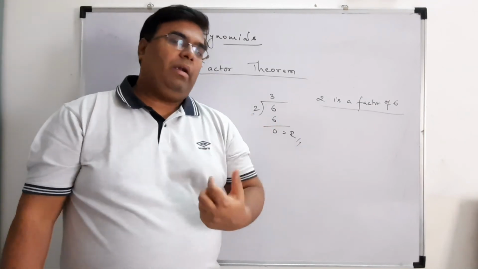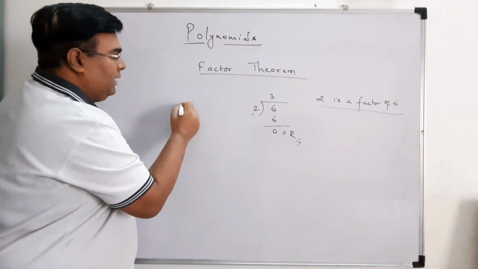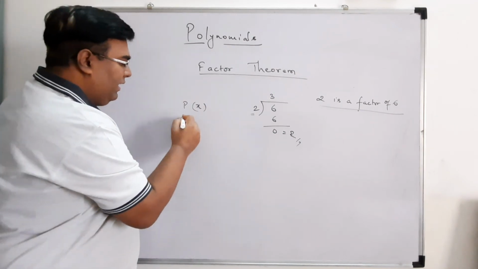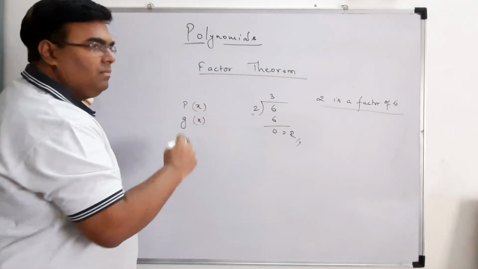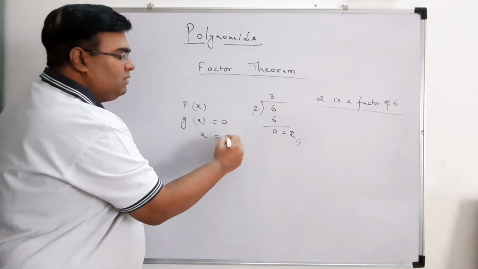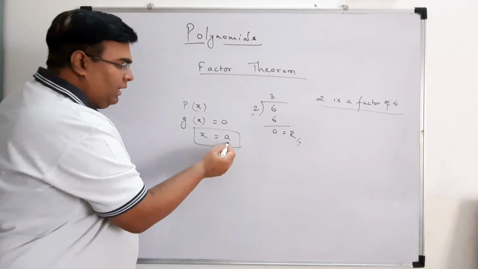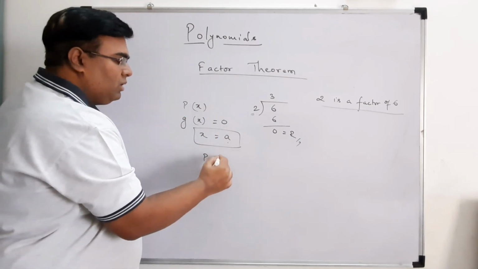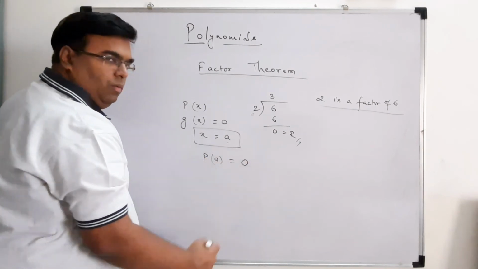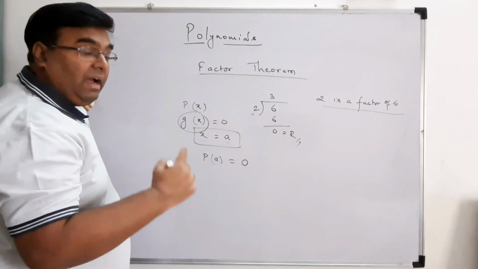So by the remainder theorem, suppose there is a polynomial p(x) and we are dividing it by g(x), and if you put g(x) equal to 0, you get the value x is equal to a, some number a, and then putting it back into the original polynomial, if p(a), the value of p(a), is 0, then we can say that g(x) is a factor of p(x).